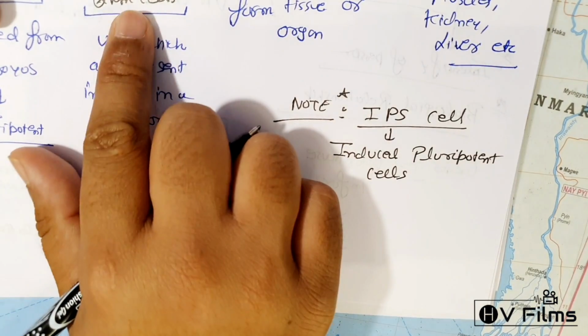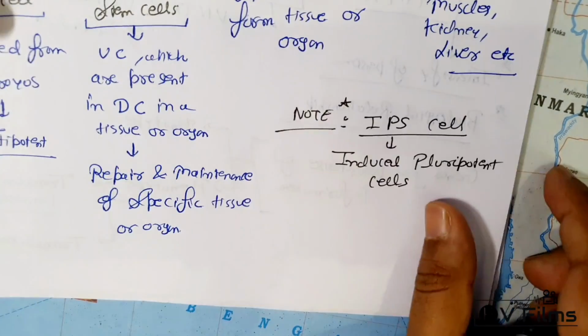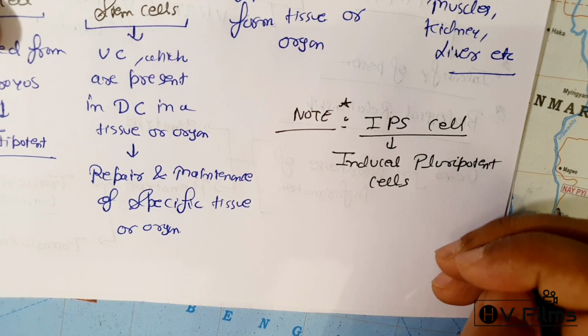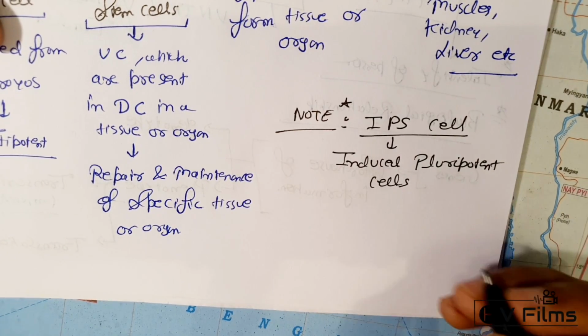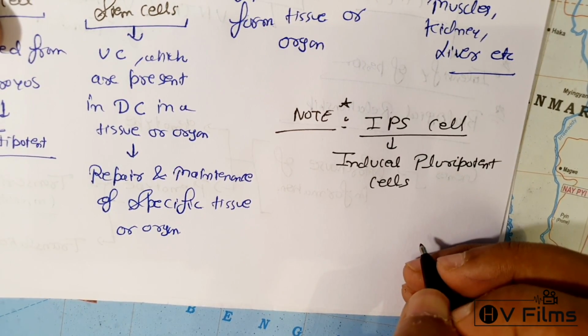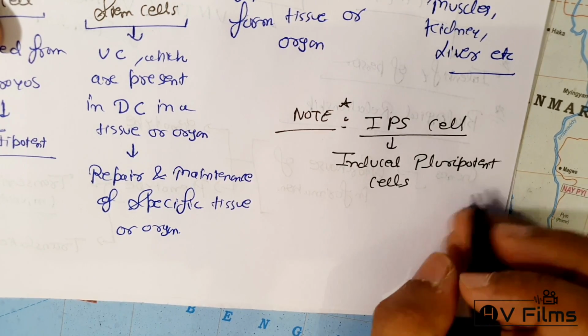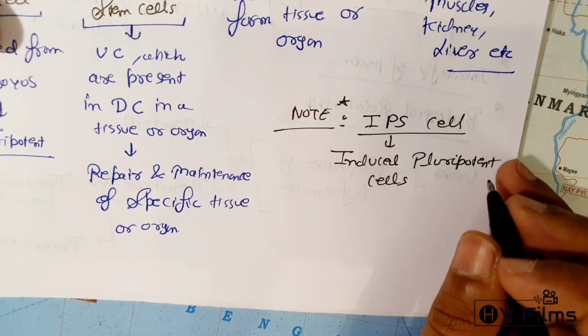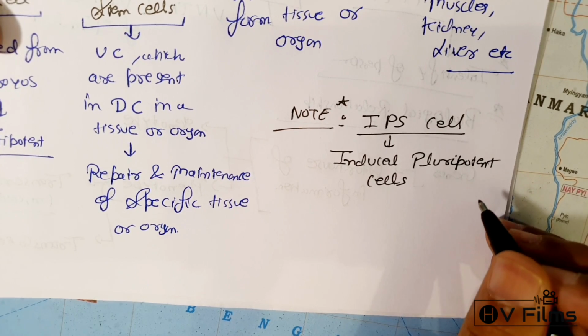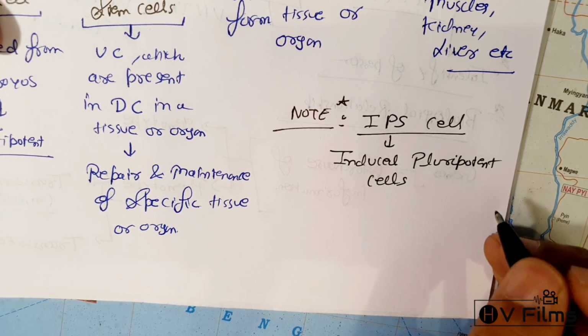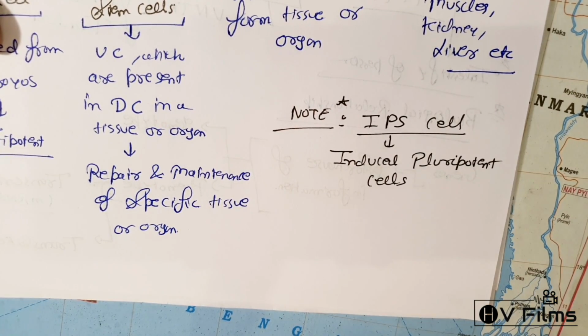Adult cell means the somatic cell that we talked about here. These are adult cells, in the umbilical cord or the bone marrow, that can be induced to show some properties of stem cells. Originally they are not stem cells, but they do show some properties of them. So they are generally used in therapeutic cloning. Let me write it here.